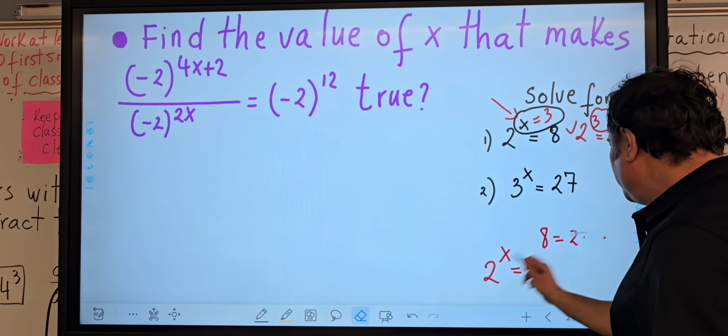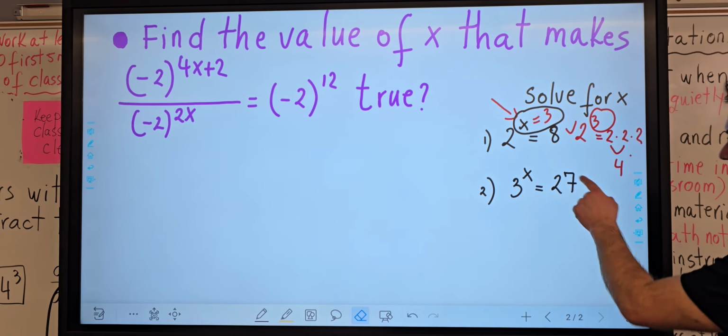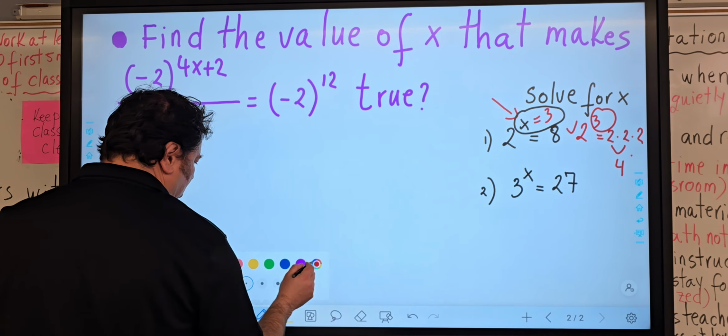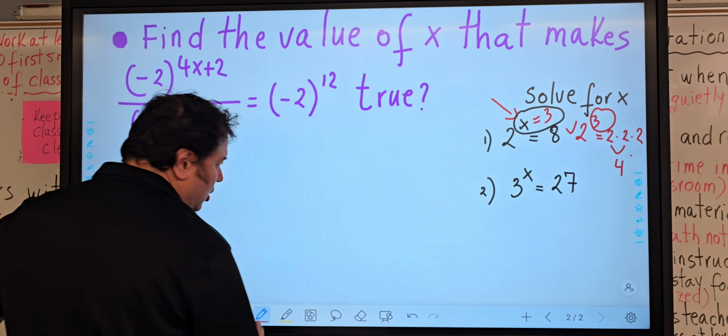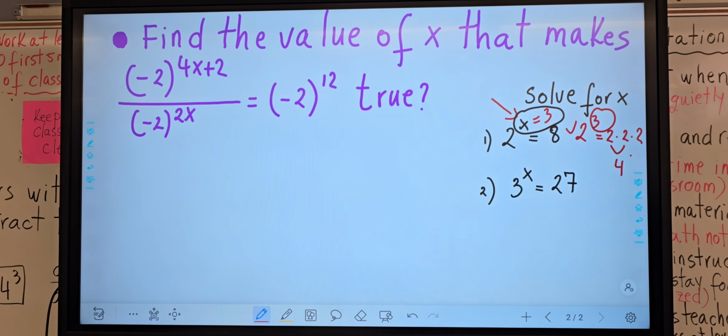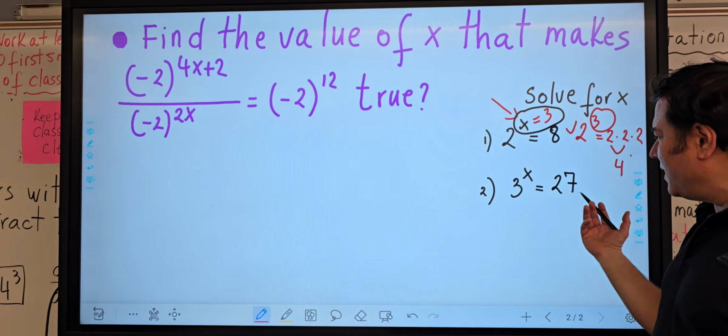Let me erase this now. We're going to look at example 2 here. Here we have 3 to the x equals 27. Now, what do you think should be the value of x? Let's try again. Try 1, too small. 2, 3 times 3 is 9, not enough.